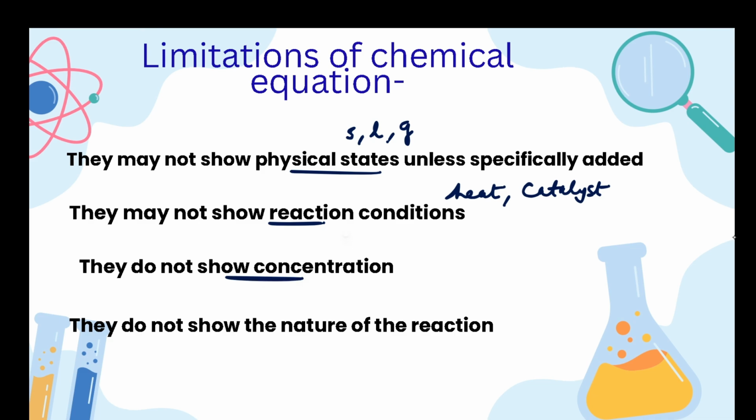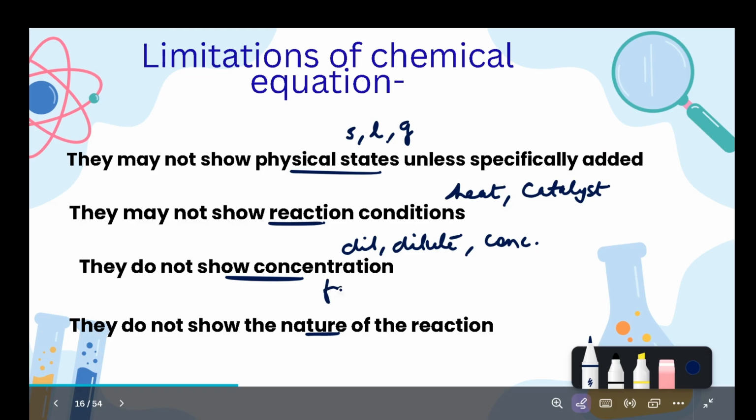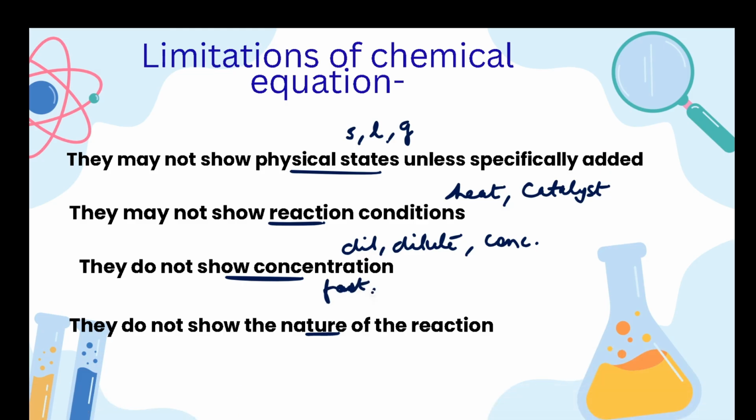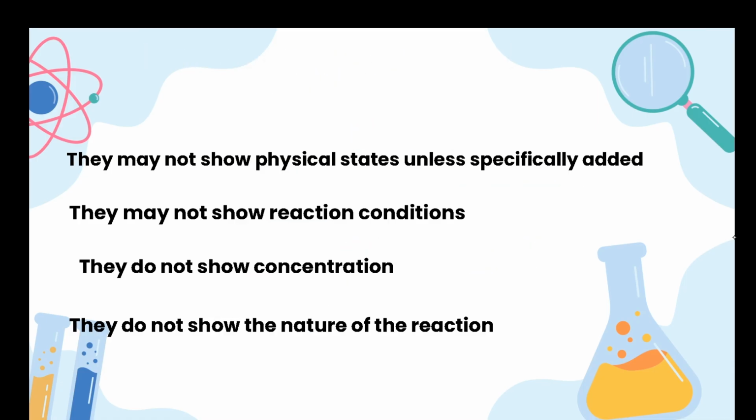That means whether the reactants and products are present in dilute state or in concentrated state may not be specified. Then they do not show the nature of the chemical reaction. Nature meaning whether the given reaction is fast or slow, or an explosive reaction. So definitely all these become the limitations of a given chemical equation.